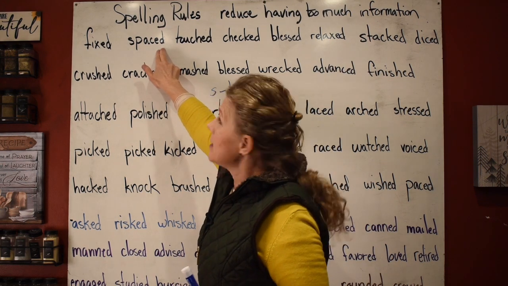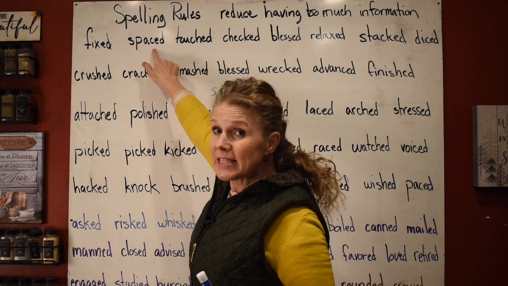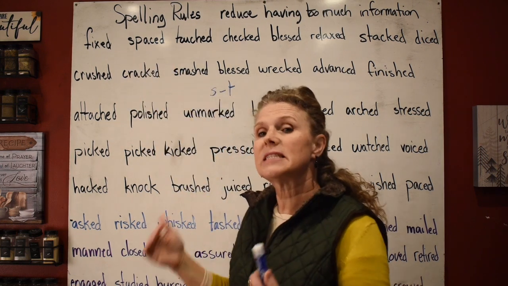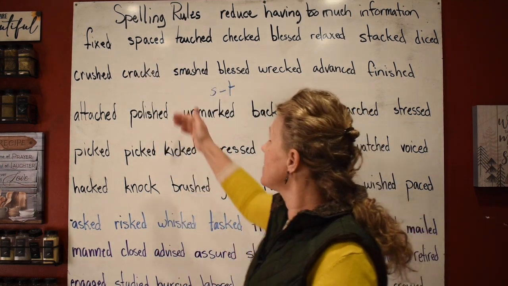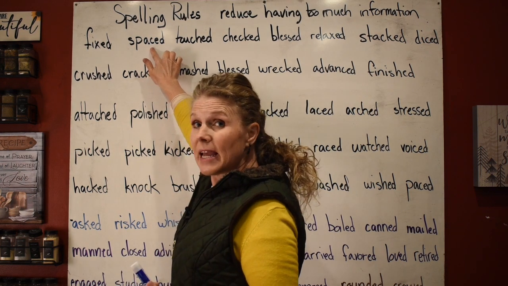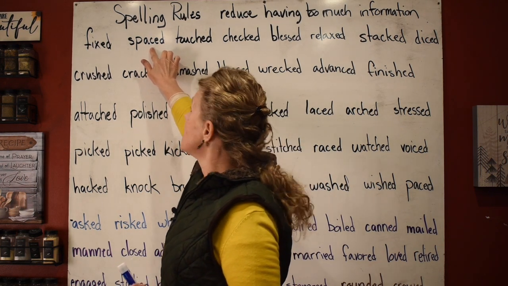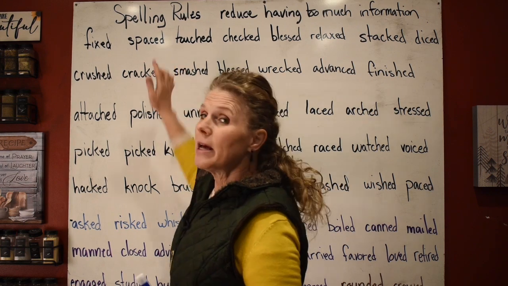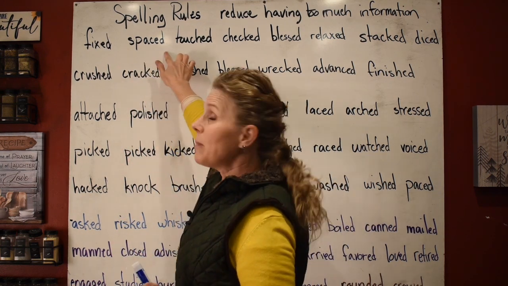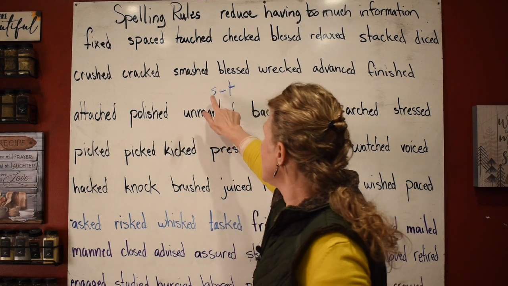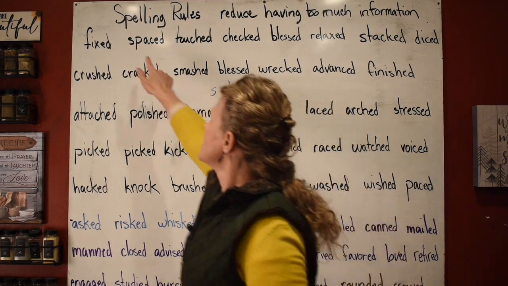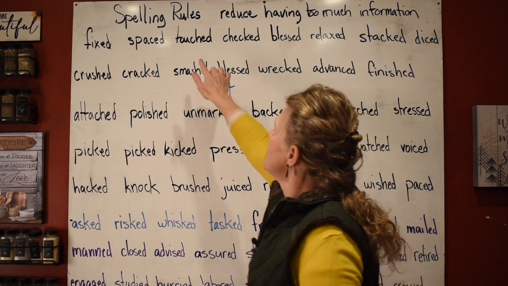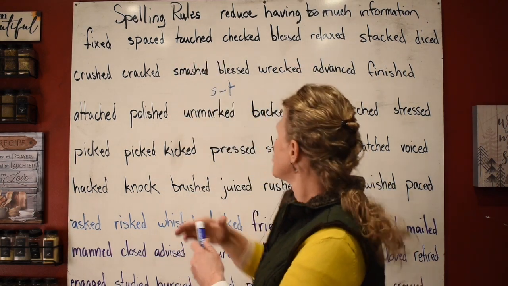We're going to add our ed on and see how this C is saying S. We talked about that in the last lesson. It's saying S, space. So this is going to say spaced. So it's saying that S sound, spaced. Now, touch is your base word.